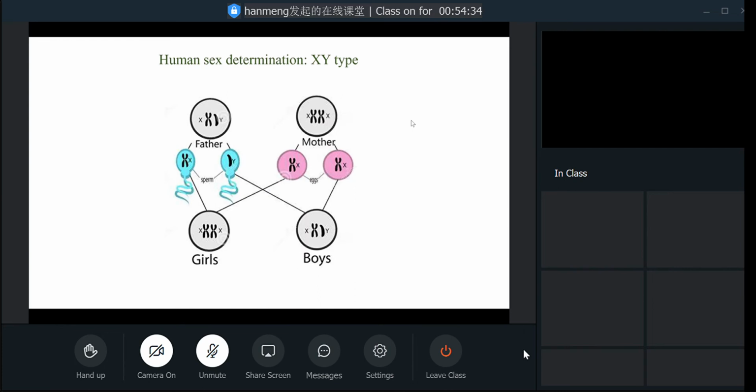The sex determination of some other species depends on the temperature or the age of the species. So after class, you can search for the sex determination types in nature.